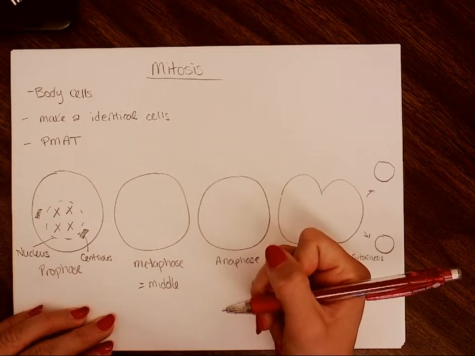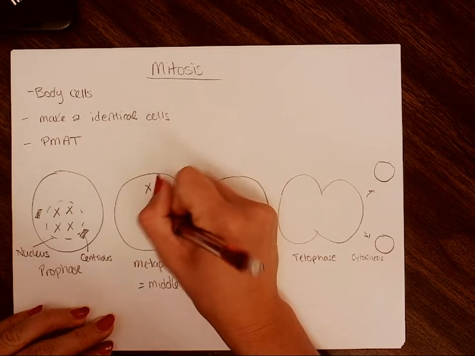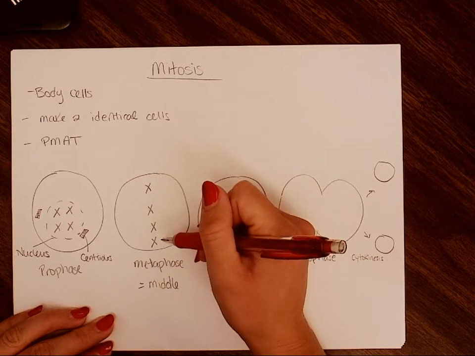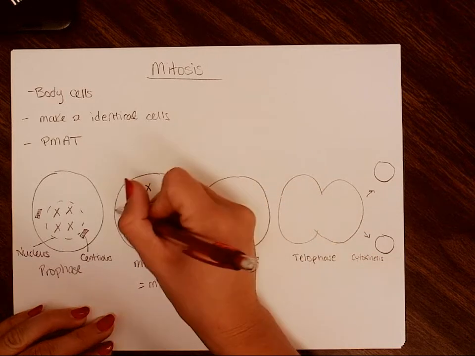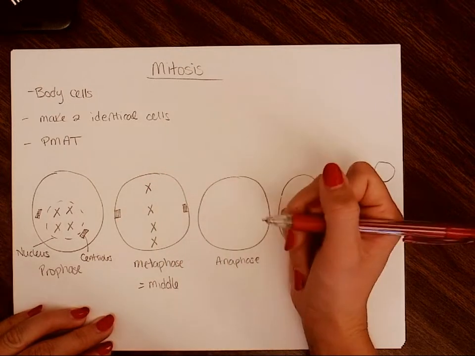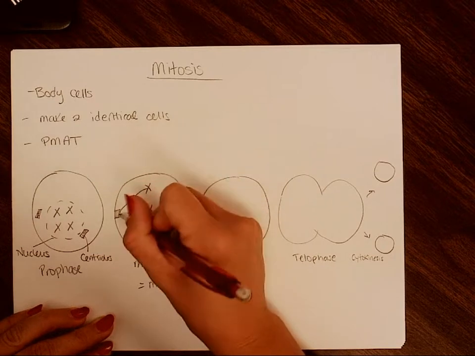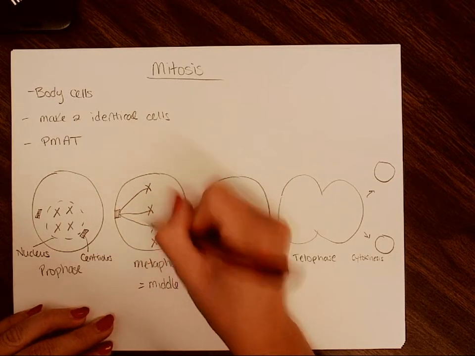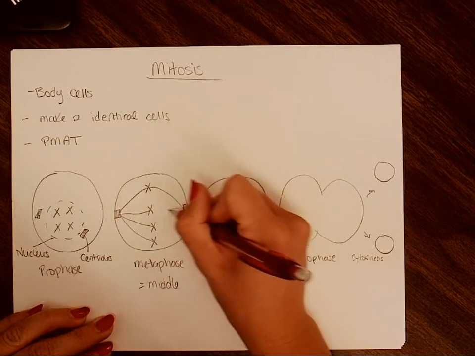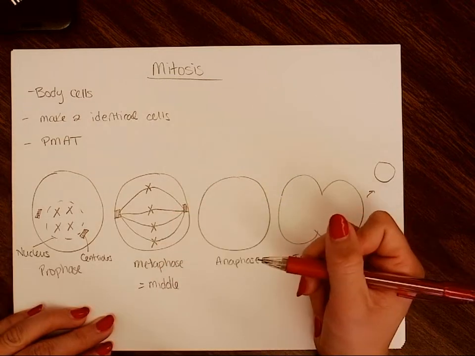This is where we see these chromosomes. Again, I started with 4, so I'm only going to put 4 chromosomes here in the middle of my cell. The way these chromosomes line up in the middle of the cell is that the centrioles are on opposite sides of the cell, and they have made these spindle fibers that attach to the centromere of the chromosomes. They do a little tug-of-war act to line them up in the middle.